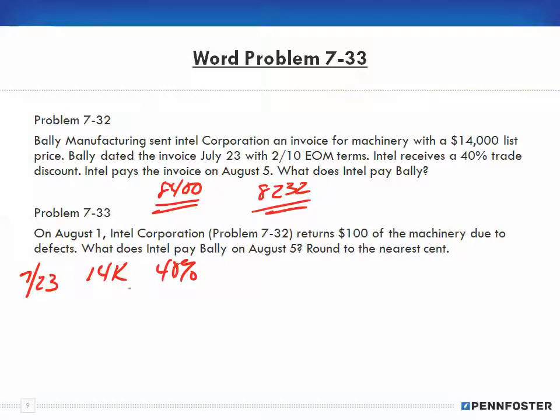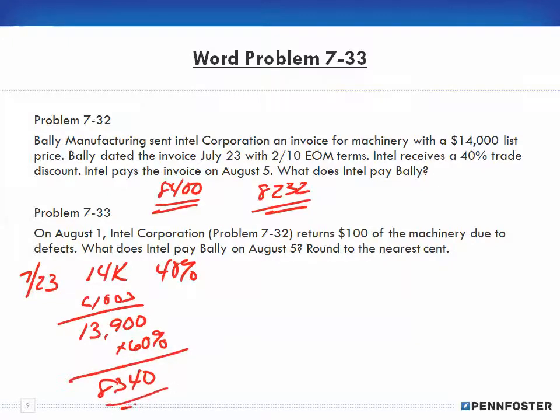So they're not taking 40% off of 14,000. $100 was returned, so the sale price is 13,900, and now they can take the trade discount of 40%. We multiply that by 60%, and we end up with $8,340.